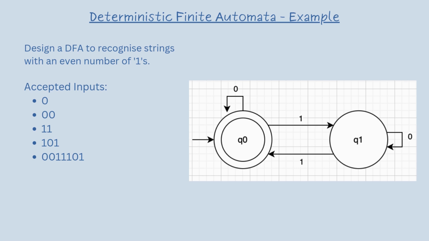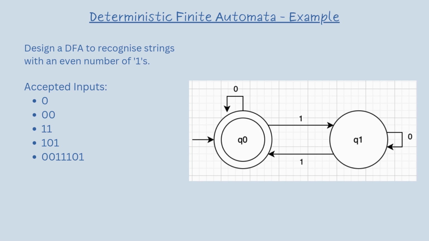But the second you get 1 as an input, you will go to Q1 because a single 1 is an odd number of ones. So you should go to Q1 and only be allowed back to the accept state once you get another 1, meaning you've got an even number of ones.